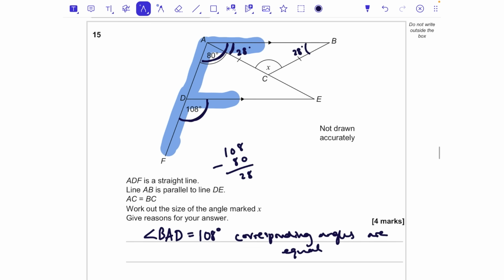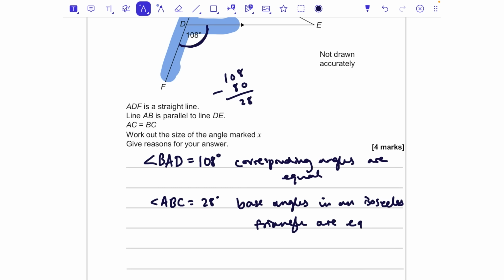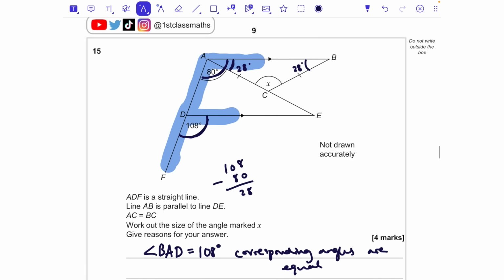So let's put angle ABC equals 28 degrees because base angles in an isosceles triangle are equal. I apologise for my handwriting. And then we know that X will be whatever it needs to be to add to make 180. I'm looking at this triangle here, and angles in a triangle add up to 180.